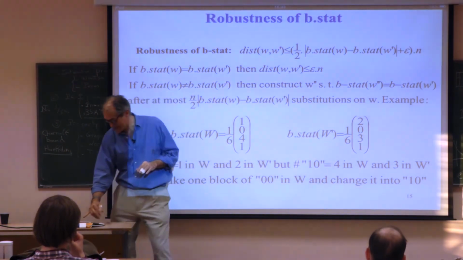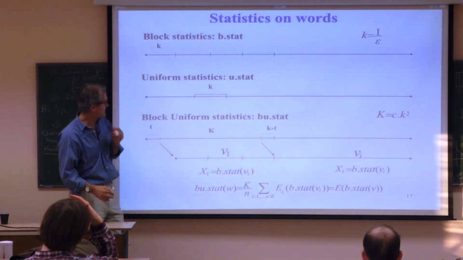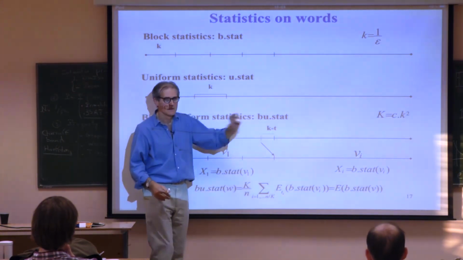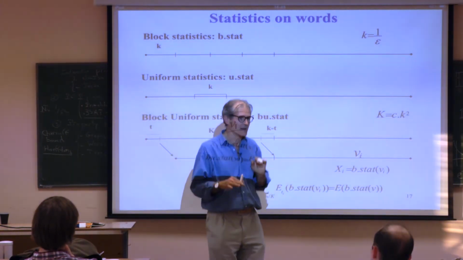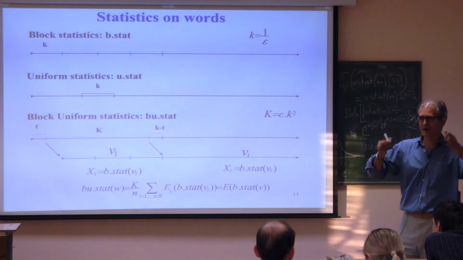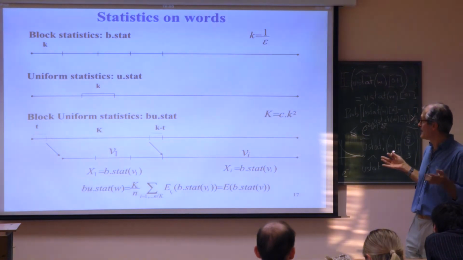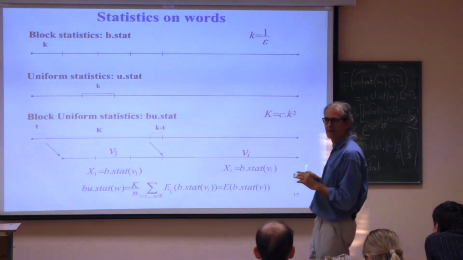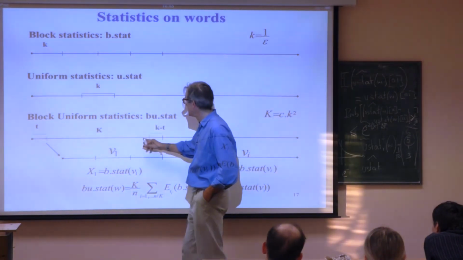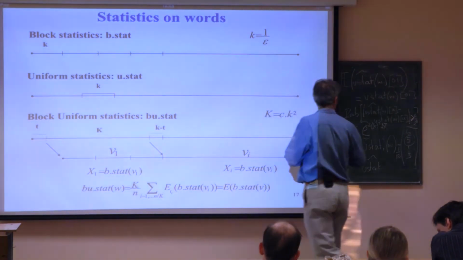So for that, we need a third distribution, a third statistic, which we call block uniform, BU-stat. So we're trying to do something in between now. So block statistics are clear, and U statistics, uniform statistics, are very simple. Now, what should block uniform statistics be? Imagine I take big blocks, and think of big K as K squared.